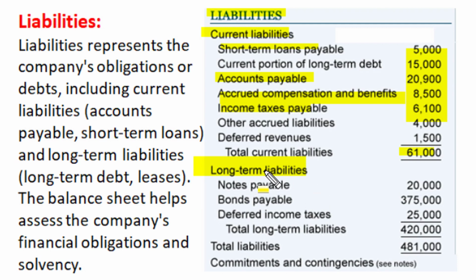Long-term liabilities include long-term debts, leases, bonds payable, or other notes of finance payable, or some deferred income tax, making the total long-term liabilities. This part of the balance sheet represents the company's financial obligation and solvency condition.